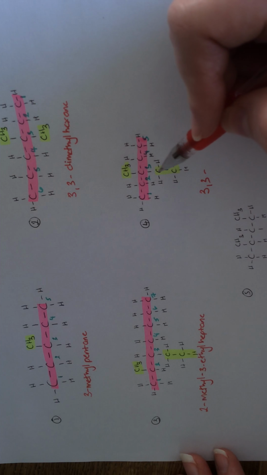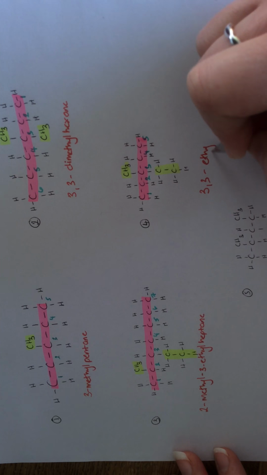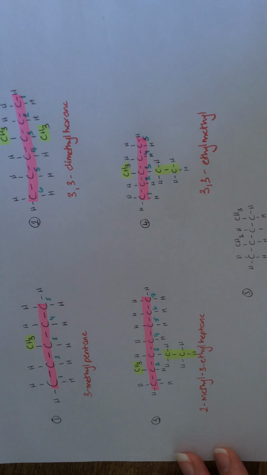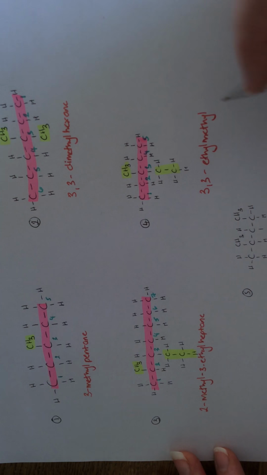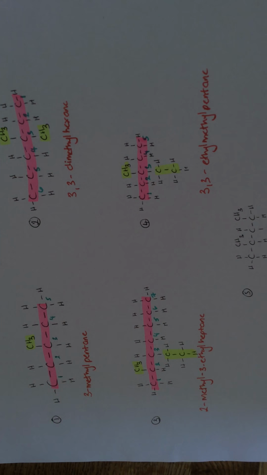Then, for the difference between ethyl and methyl, you put them alphabetically. So it's going to be 3,3-ethyl, methyl. The longest continuous chain is 5, which is pent, and then ane to end because it's an alkane.